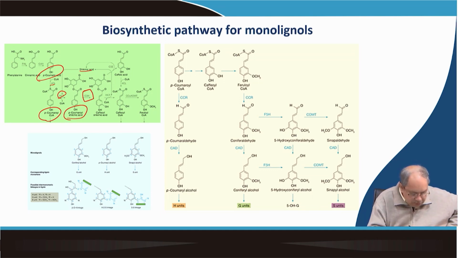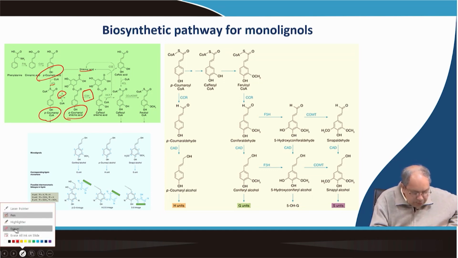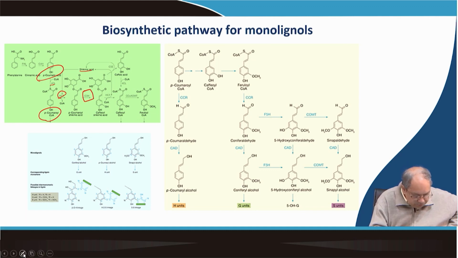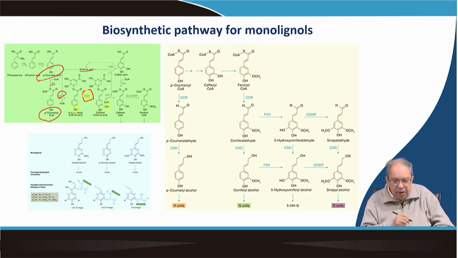So, you see the structural difference as I have mentioned in the previous slide. This is only OH, when it is caffeoyl, then an additional OH is added here, that is why C3H, C3 prime H, is there.